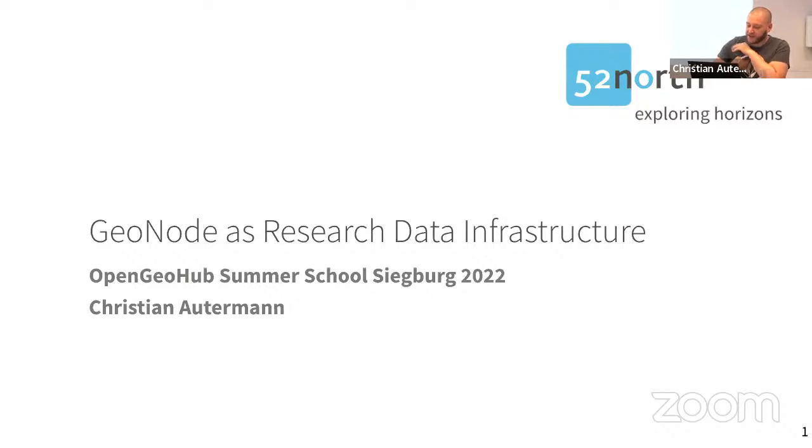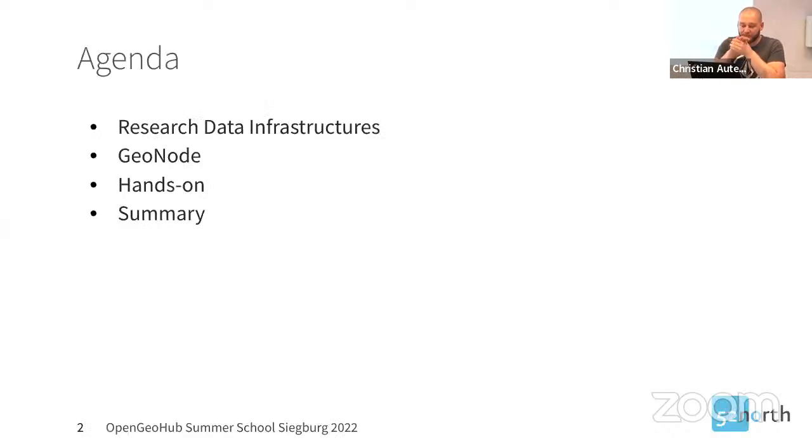And I wanted to showcase that today, or show you what GeoNode does, what it does not do, and what it's capable of. For this, we will just have a short look at what research data infrastructures actually are and what they are trying to achieve. Then we have a look at GeoNode, its architecture, its feature set, and then a hands-on.